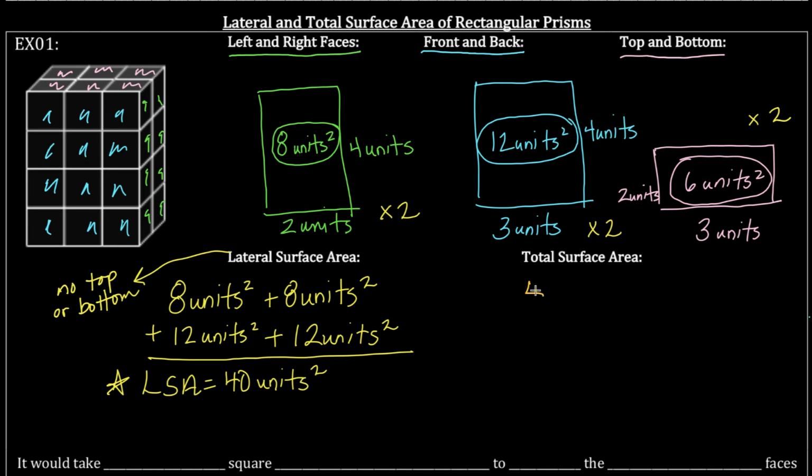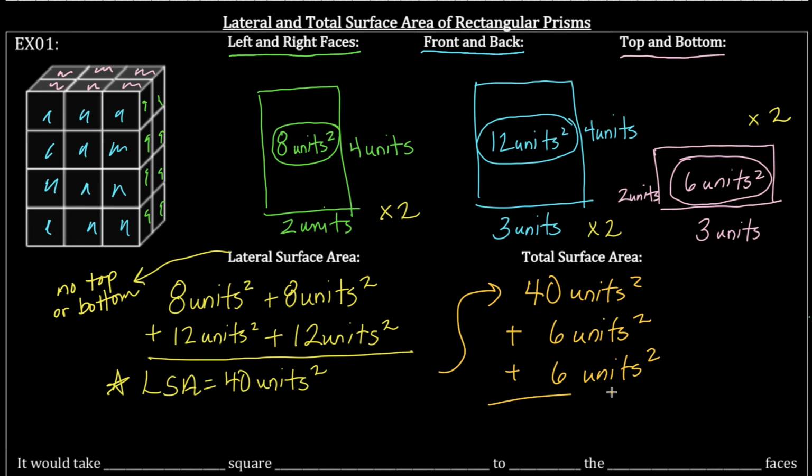Basically I take everything except for the top and bottom, and then I add the top and the bottom. So 6 units squared plus 6 units squared. So that's 12 plus 40 is 52 units squared. That's going to be the total surface area.